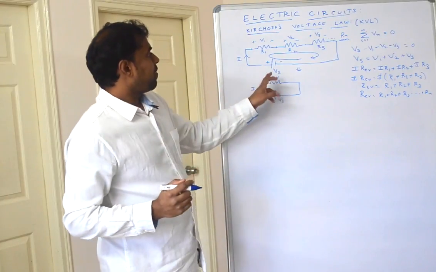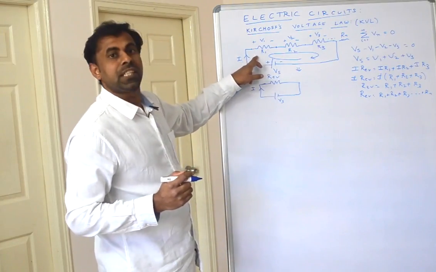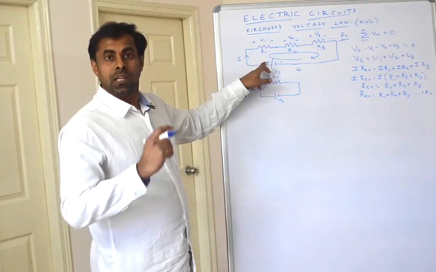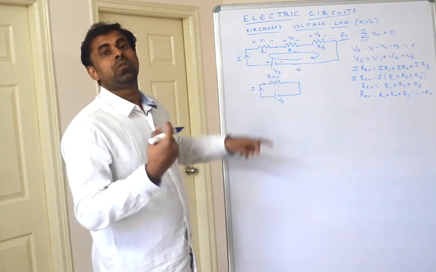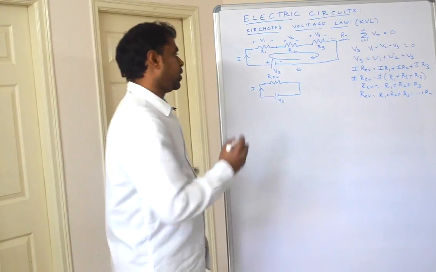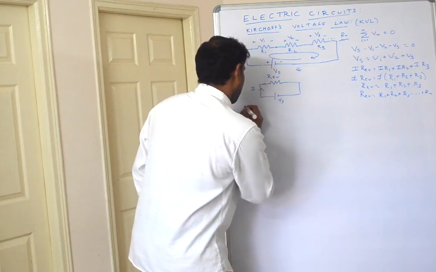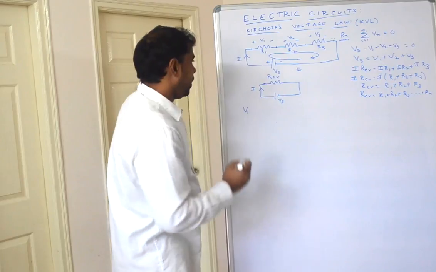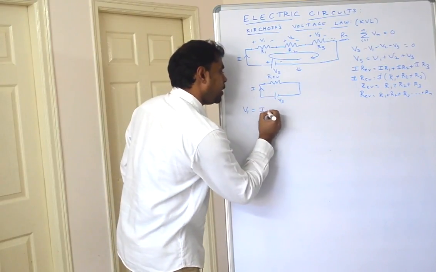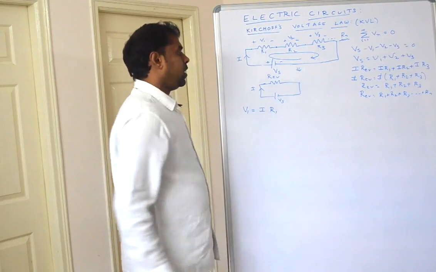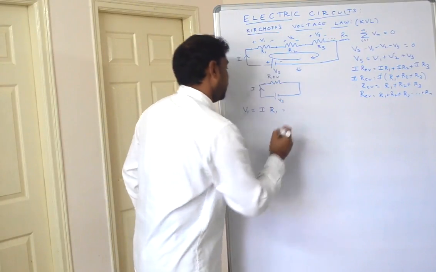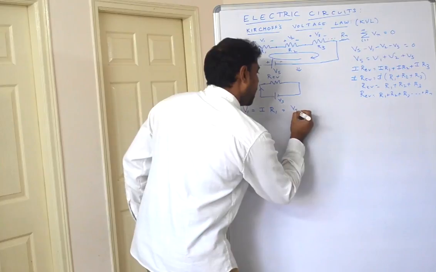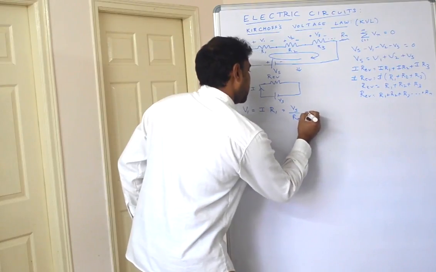Then let us derive the voltage across a particular resistance in terms of the input voltage source. V1 is nothing but I into R1. What is I? I is nothing but Vs by R equivalent.